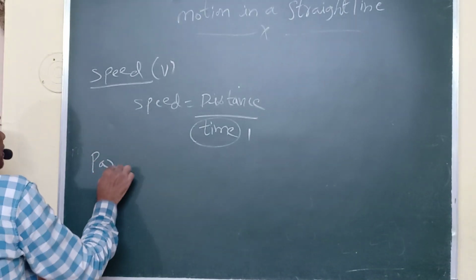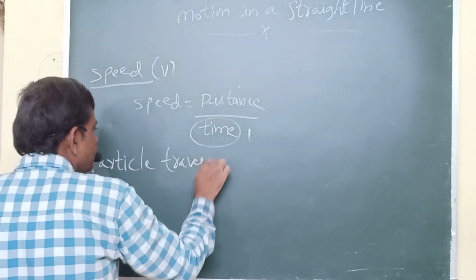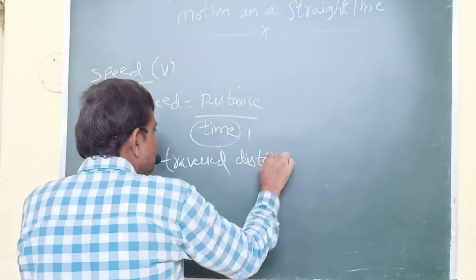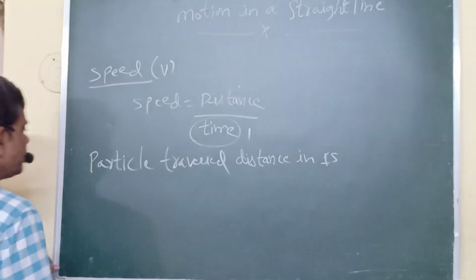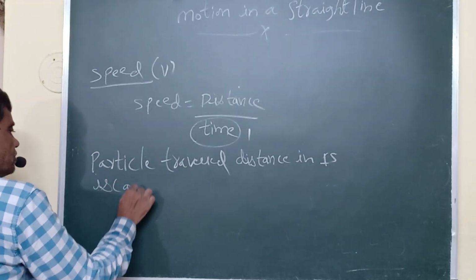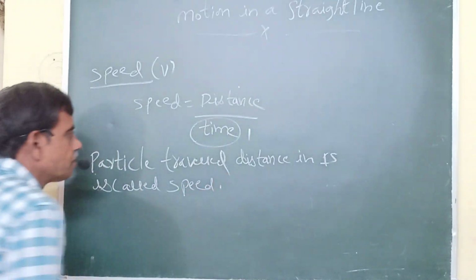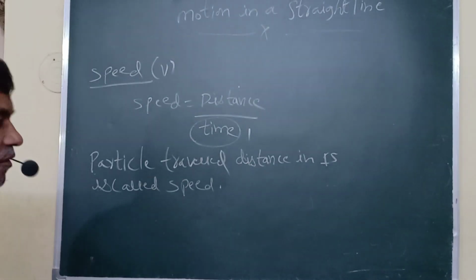Particle travelled distance in 1 second is called speed. SI units, CGS units, dimensional formula, all same like velocity only.